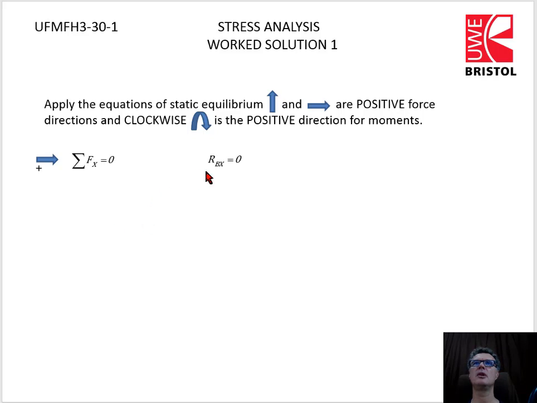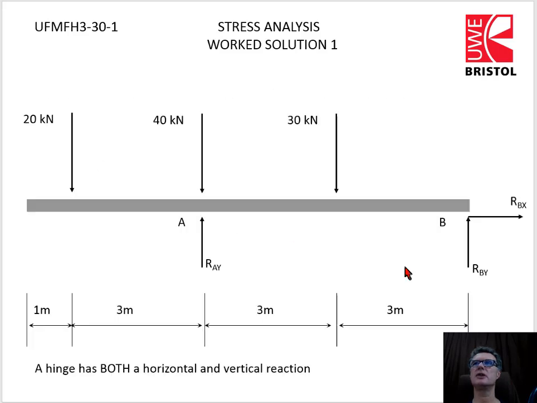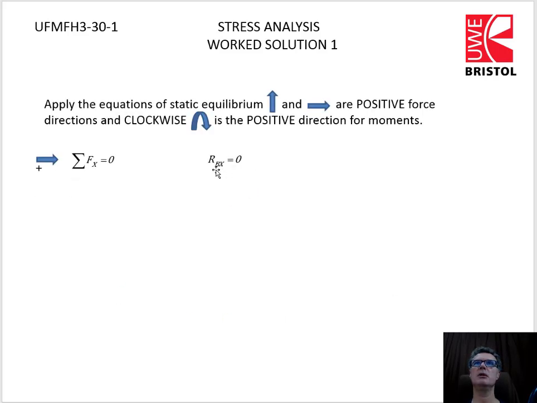So force equals ma, in this case a equals 0. We're not going to get anything particularly interesting. The only force that we can see is the force RBX. Going back to that slide, you can see the only force on this diagram in the x direction is this RBX force. So that must mean that RBX equals 0.